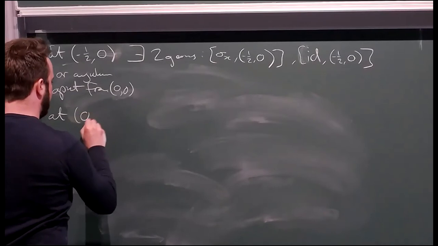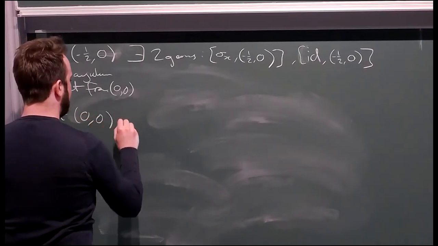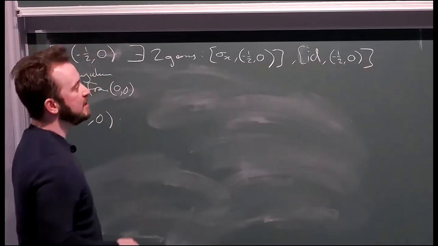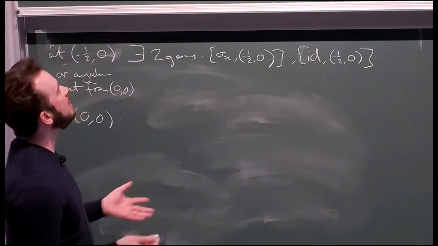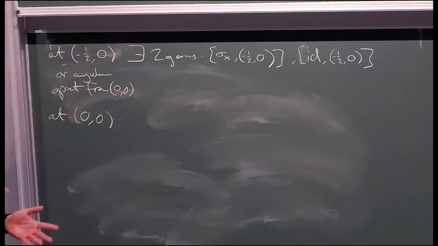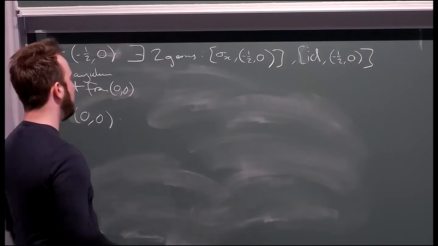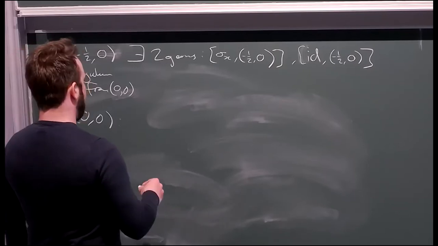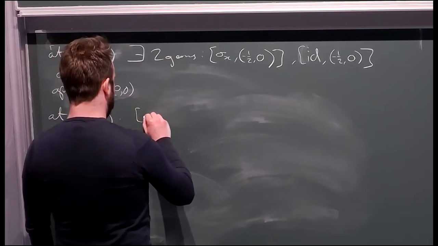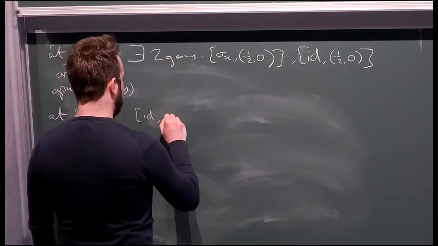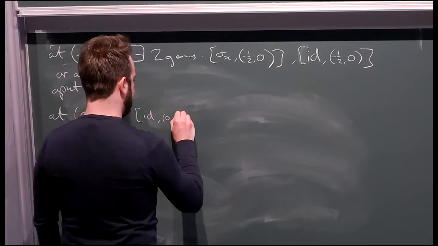So at 0, well, the identity: if you pick any neighborhood of 0, it's going to intersect both the vertical axis and the horizontal axis. So at 0, I can consider the germ of the identity at the point 0, 0.